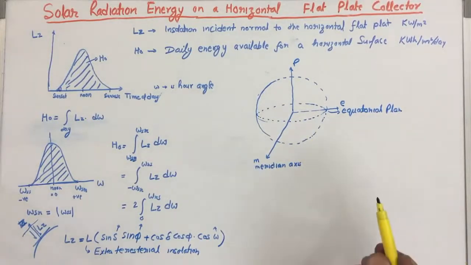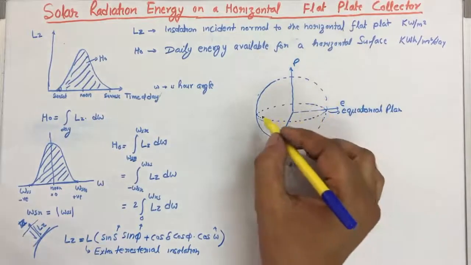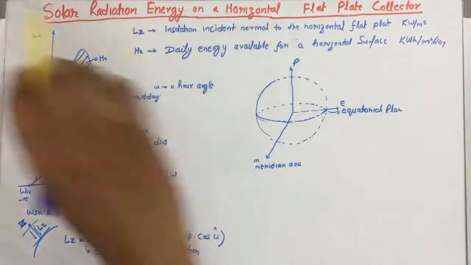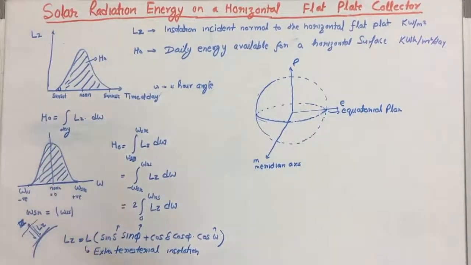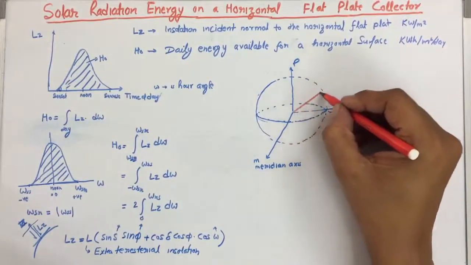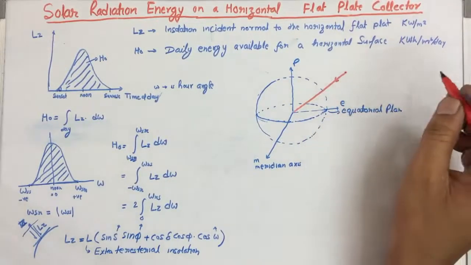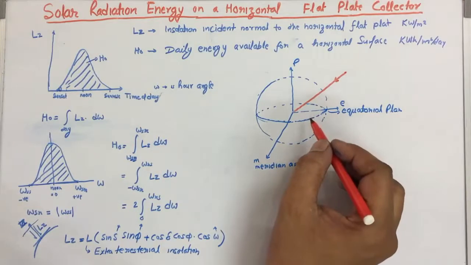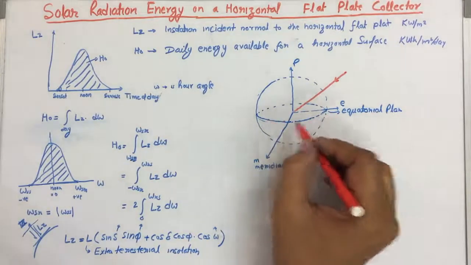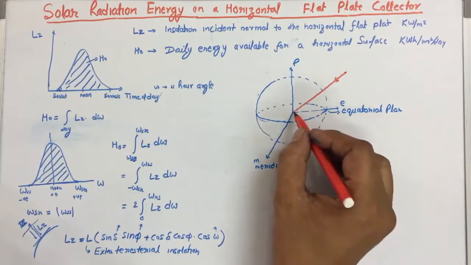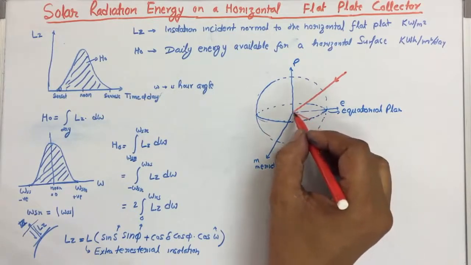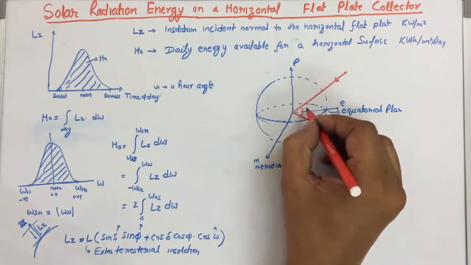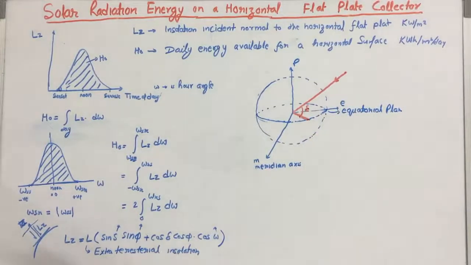Anyway, now the main point is radiations are coming, incident radiation is coming like that. Its projection on the XY, or you can say equatorial plane, is this projection on the equatorial plane. This angle is known as delta, that is available here.